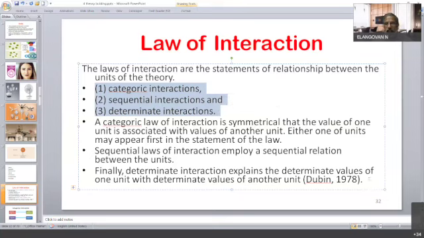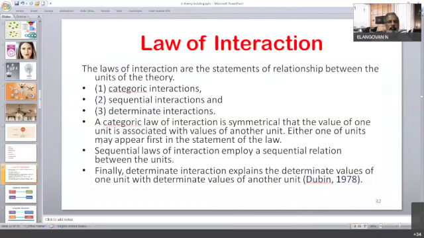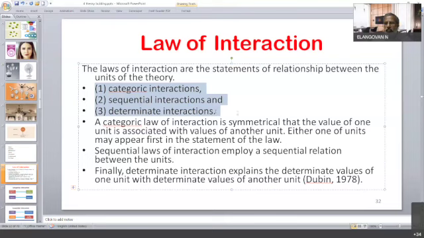Again, I'm bringing this from Dubin. Please make note of it, because many times if you want to defend what you're doing in your research, you need to mention these names. Only then you'll be able to defend. So Dubin 1978 helps in defending your theory development part. I will explain what these three interactions, relationships, or associations are.